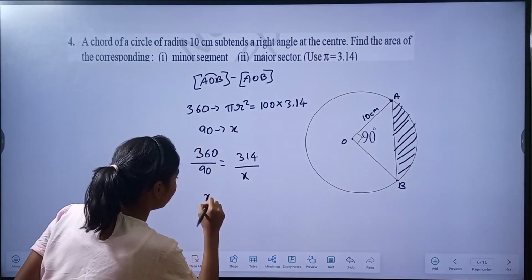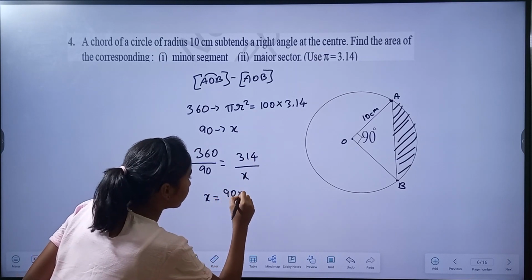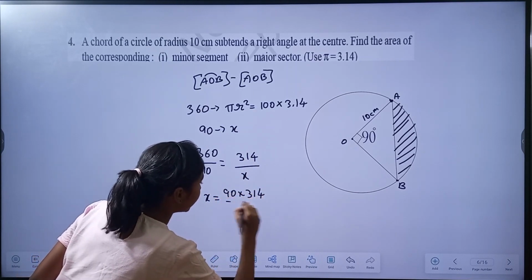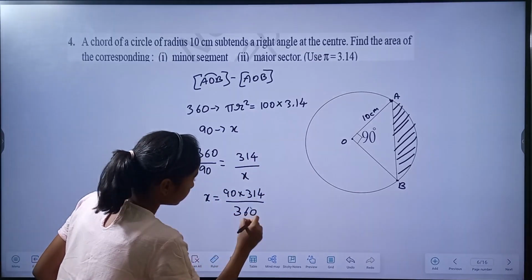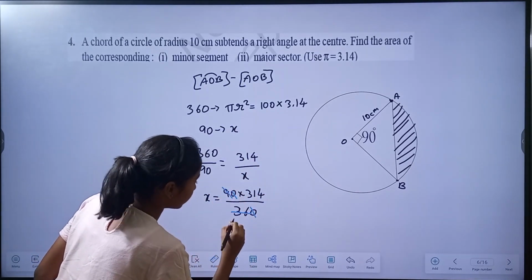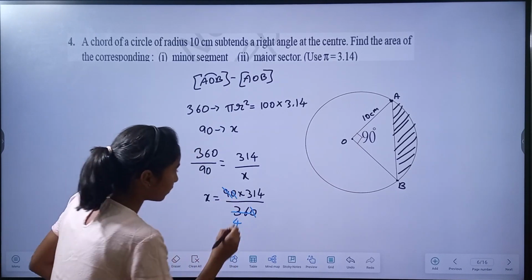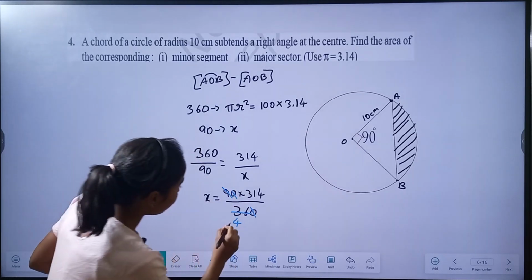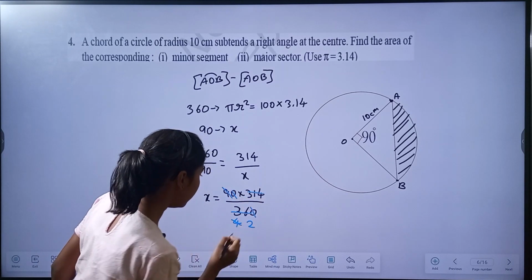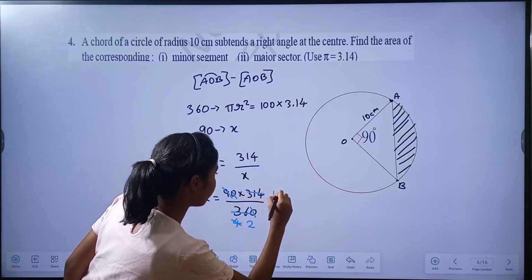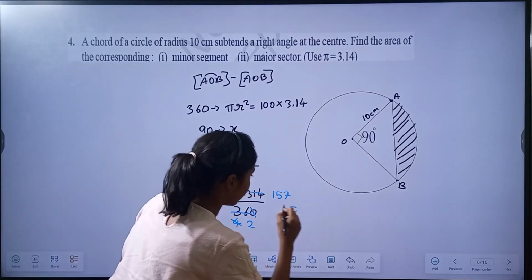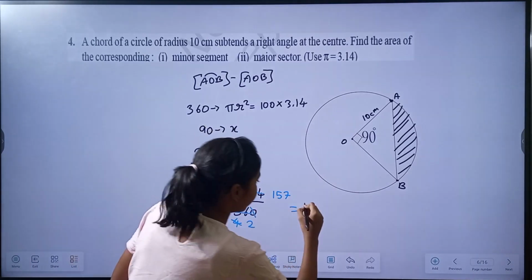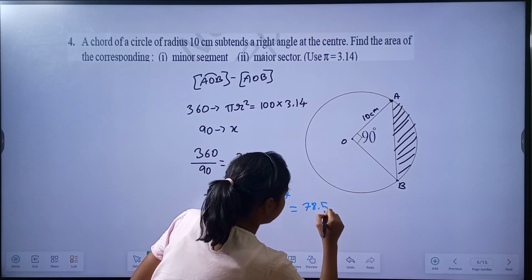So x equals 90 into 314 whole by 360. We can cancel zeros, and 9 and 36 gives 4, and cancelling again we get 157 by 2 centimeter square. In decimal form, that is 78.5 centimeter square.